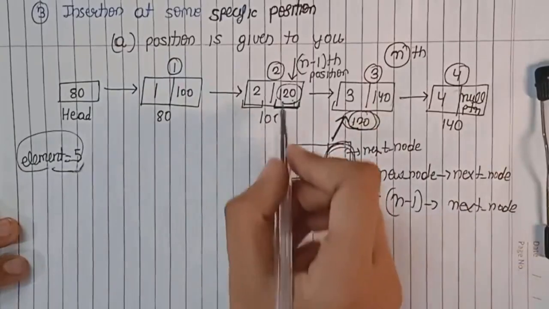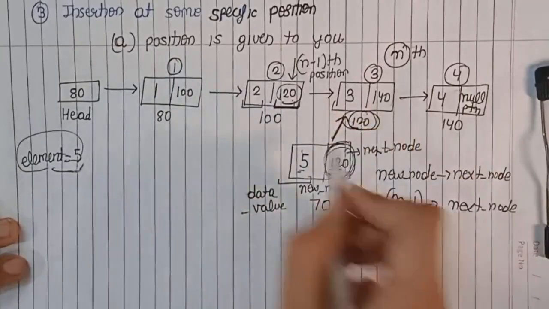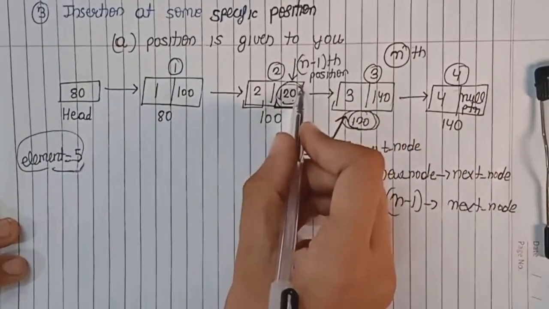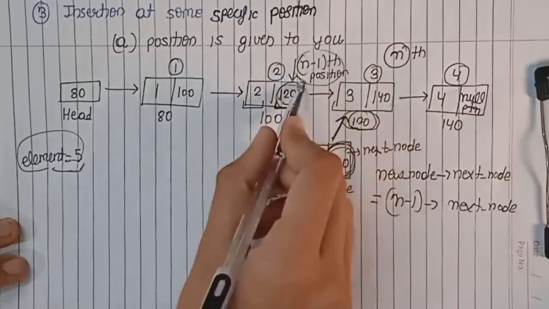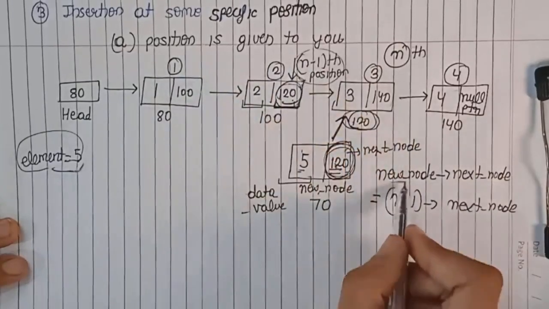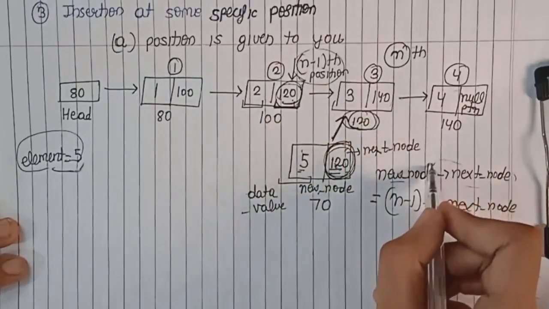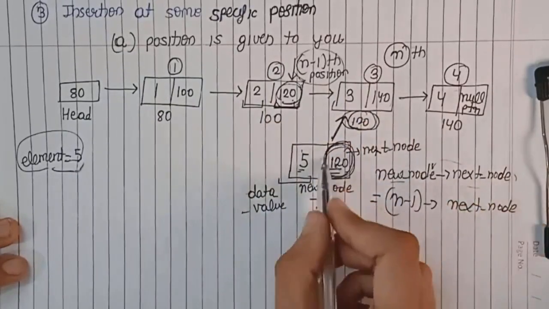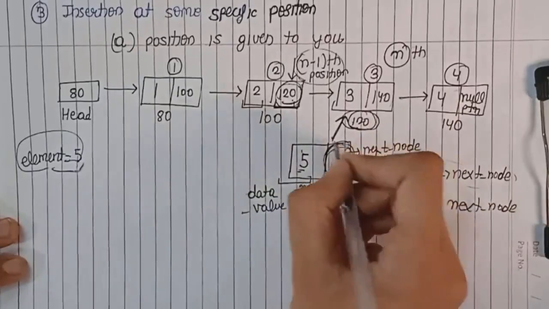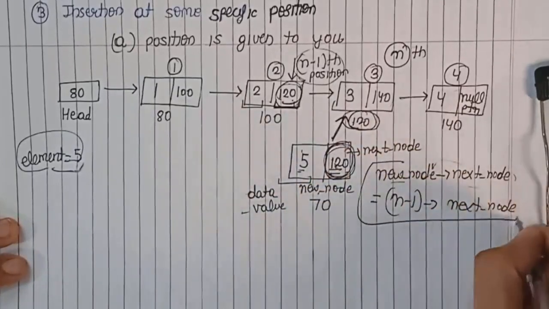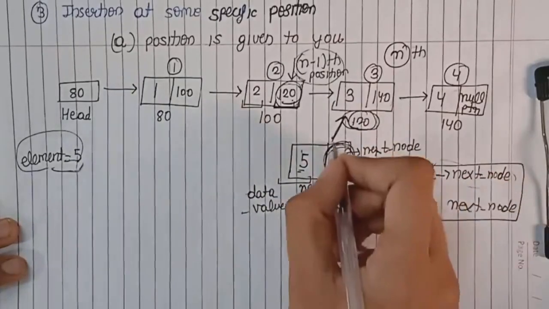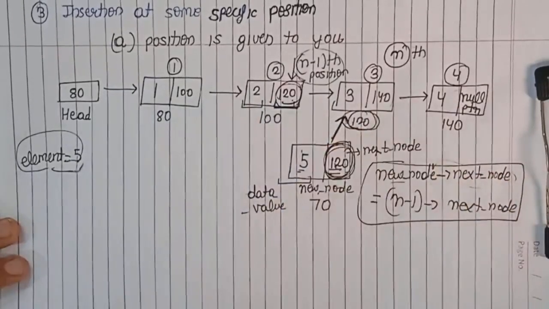So by assigning the next node pointer value of n-1th node to this next node pointer of new node, I'm just putting this address 120 here, and with this code line I've just created this link. So now this was my third step.